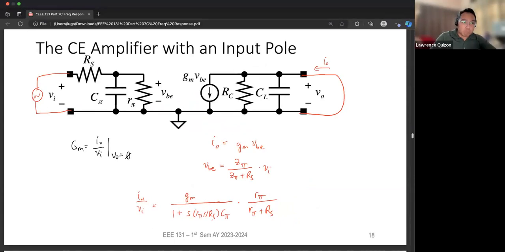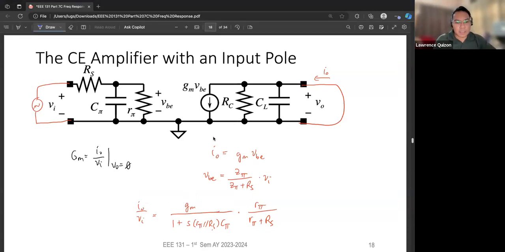So, deriving the other parts of the CE amplifier, we have other two-port parameters. The other two-port parameters shouldn't usually be affected by the CPI, but this one is going to be influenced by the input pole. Bakit? Kasi yung VBE mo nagbabago, di ba? And your GM, your overall transconductance, actually depends on Vin, right?